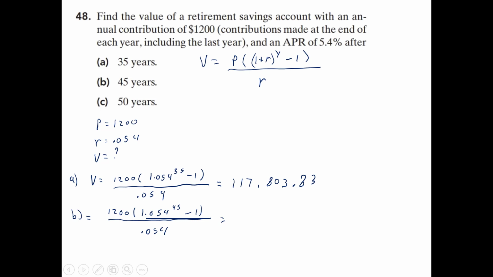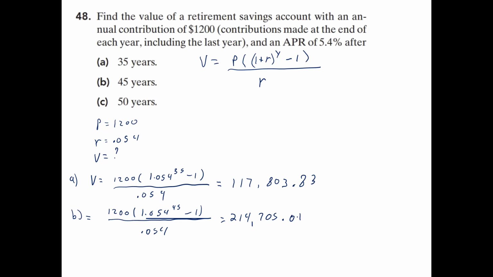And again, this is just punching this into the calculator, changing the exponent from 35 to 45. And now, by adding 10 years to this one or 5 years to the other one, we're at $214,705.01.